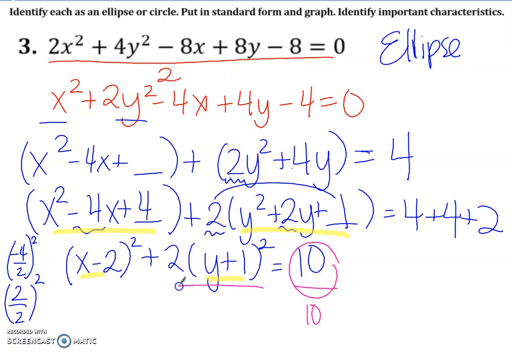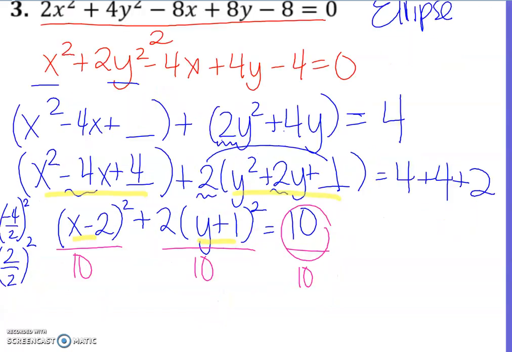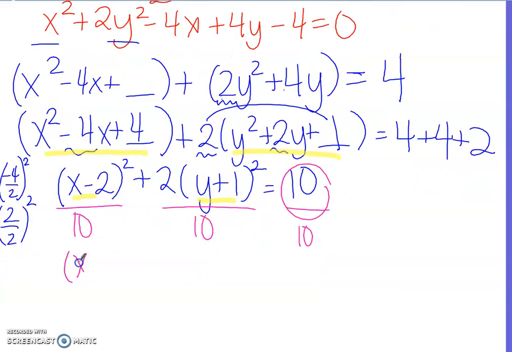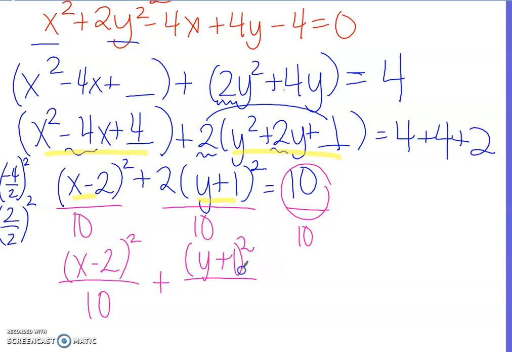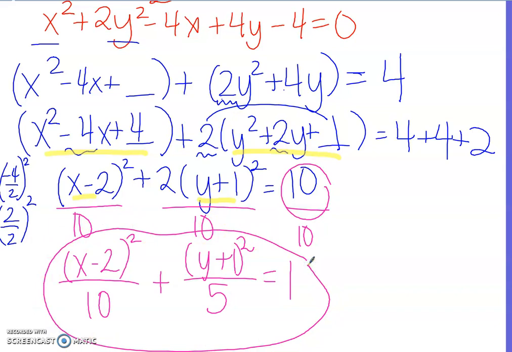I have to divide everything by 10 and simplify. So this becomes x minus 2 squared over 10 plus y plus 1 squared, and if I simplify 2 tenths, that's over 5. There's my ellipse in standard form, ready for you to identify the characteristics and graph.